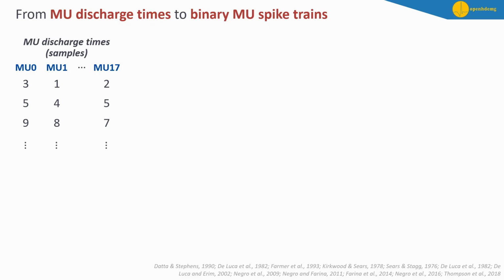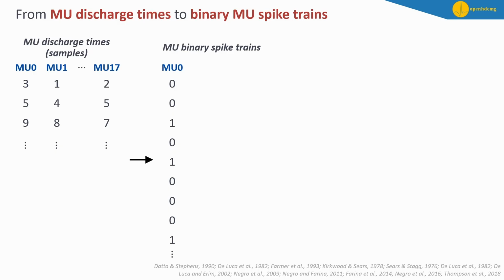So the first step, which is already embedded in the library, is to convert this to a binary spike train, where, for example, in this motor unit 0, in the first and second sample we attribute a 0 because there is no discharge, but then in the third, we put 1.